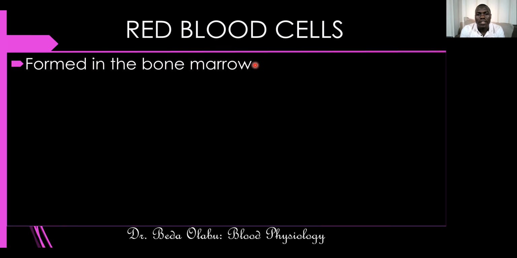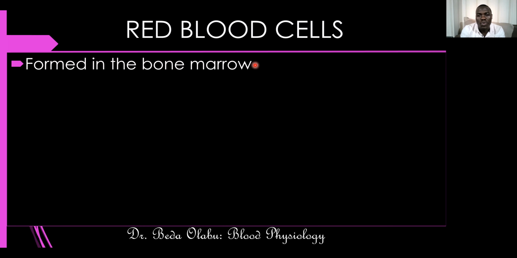Principally, the sites that can be recruited are the spleen, the liver, and some lymph nodes. In those circumstances, blood is then produced in those areas. We call that extramedullary hemopoiesis or extramedullary erythropoiesis.